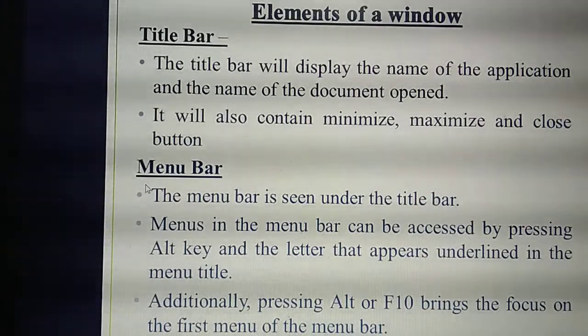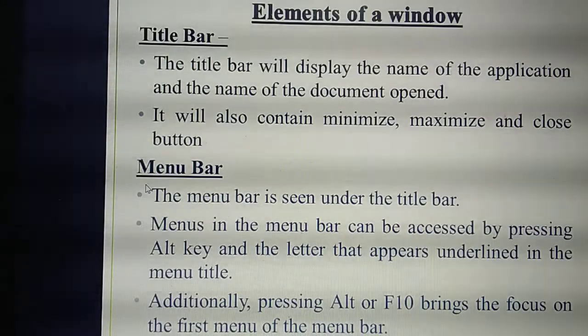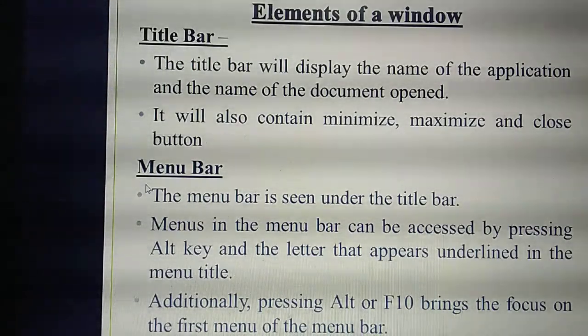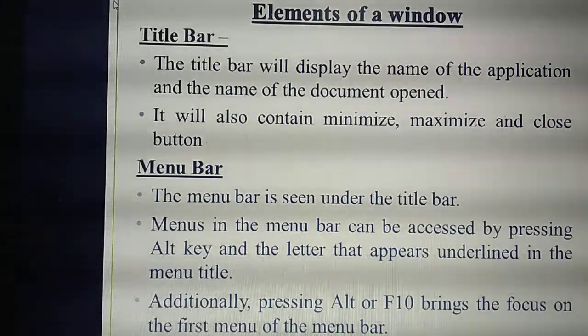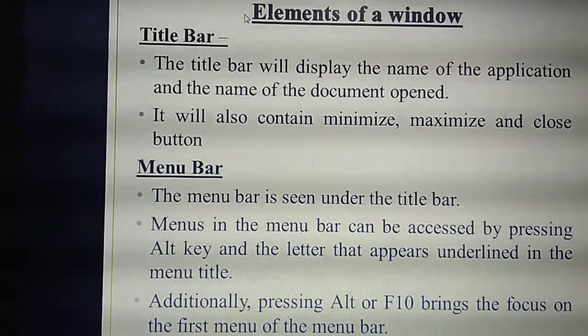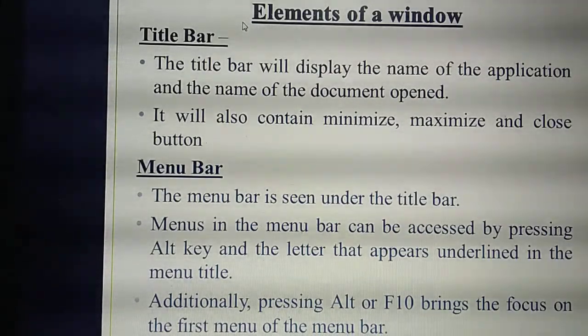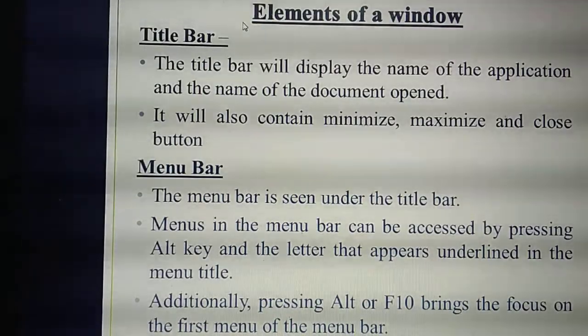So how are you going to access those menus in the menu bar? Simply you can move the mouse pointer to select the menus from the menu bar. That is one thing. Next, you can select the item by pressing the Alt key on your keyboard.